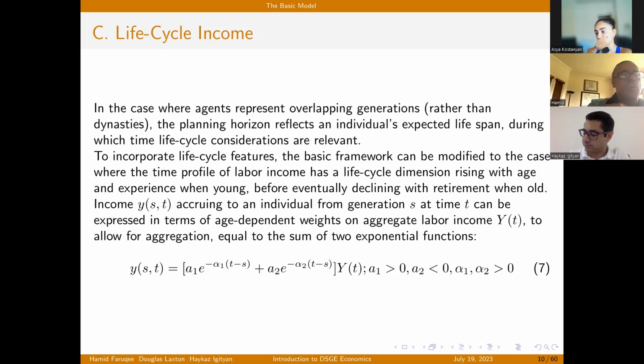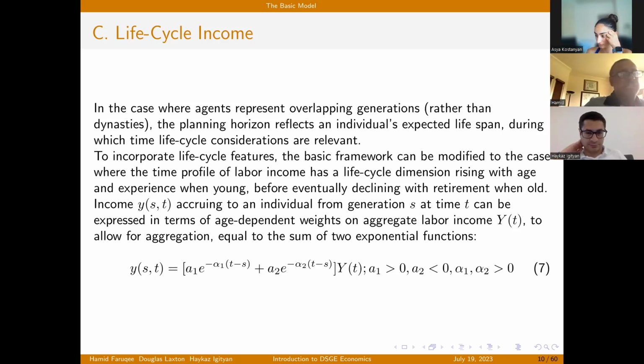And so in the case of thinking about individuals, we will introduce this equation 7, which gives you that non-monotonic hump-shaped income profile. And then eventually I'll show you some calibrations of what that can look like to match the real world data.